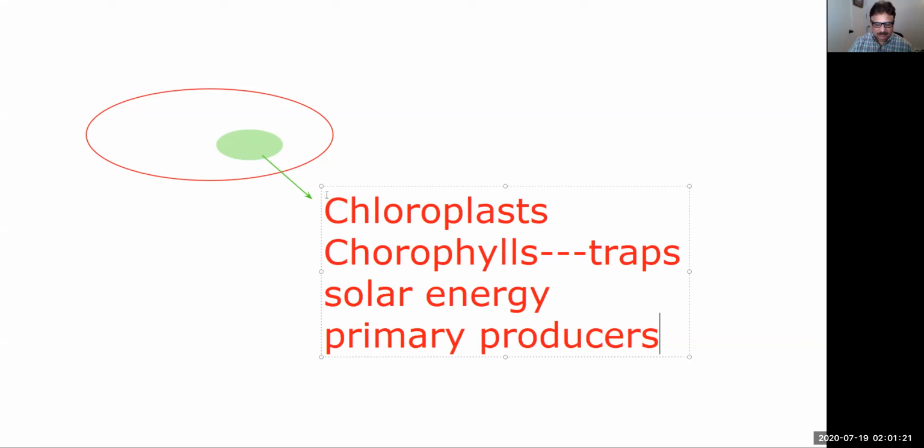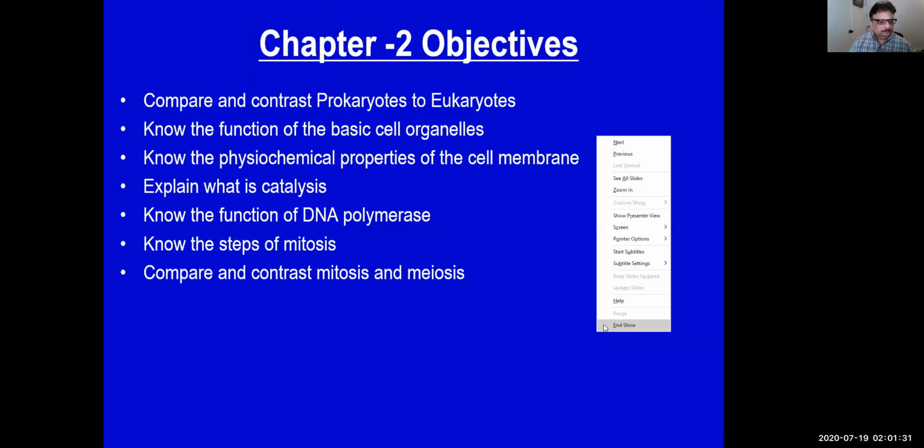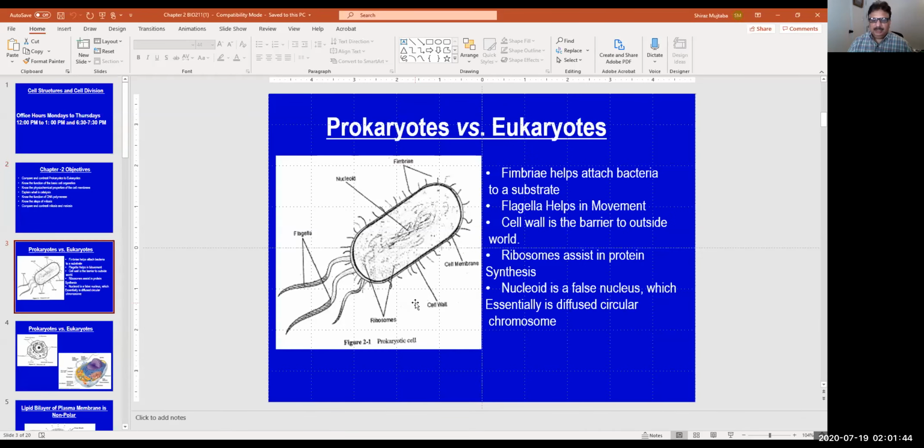So let's go back to the slide. Let's look at the bacterial cell. A bacterial cell has a cell wall, the outer membrane. They have flagella, the whip-like structure that helps the bacteria to swim towards food or away from enemy.